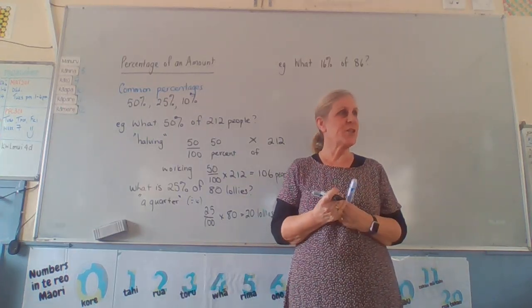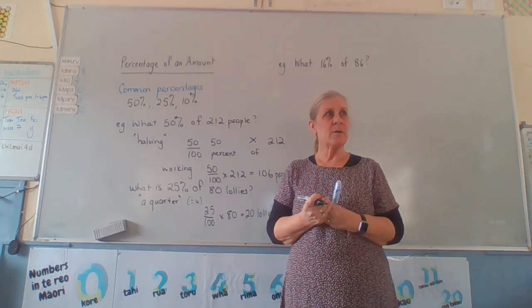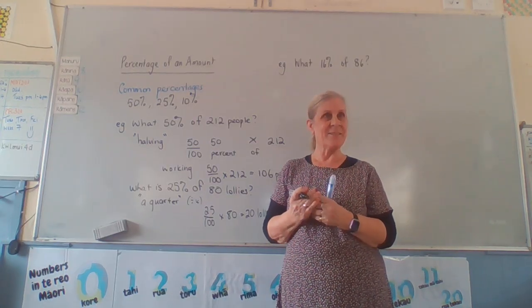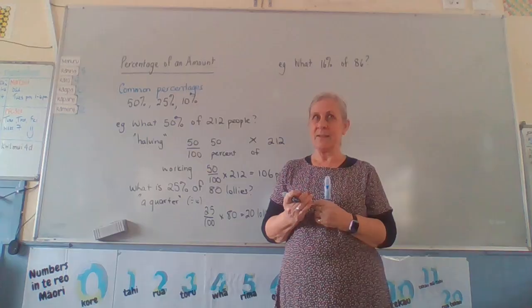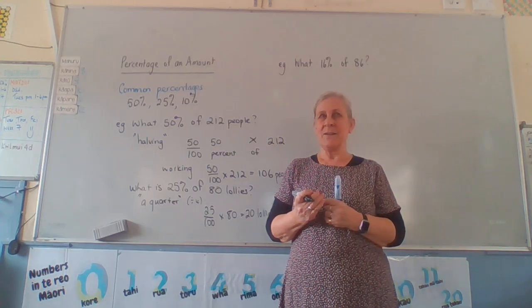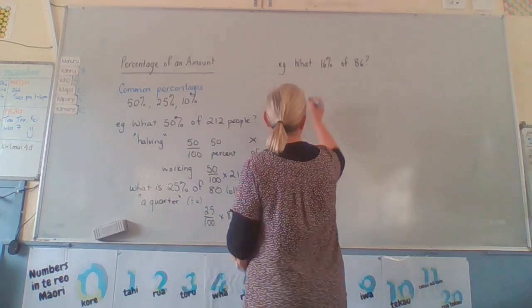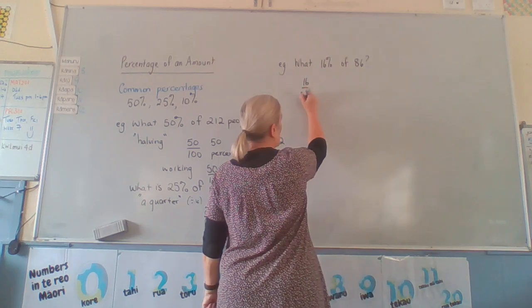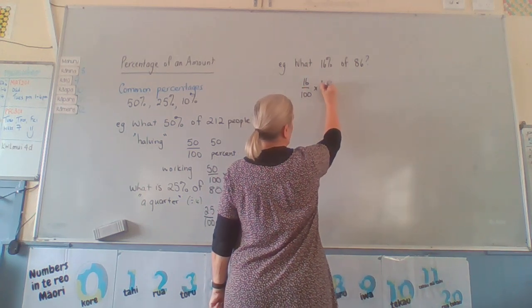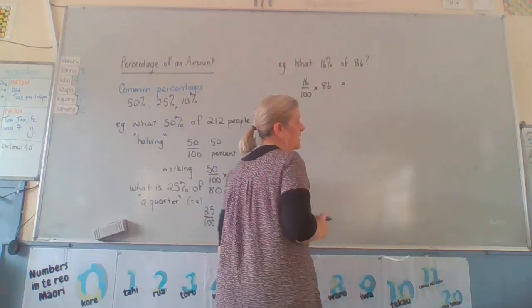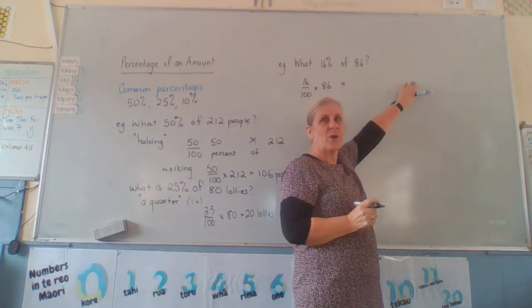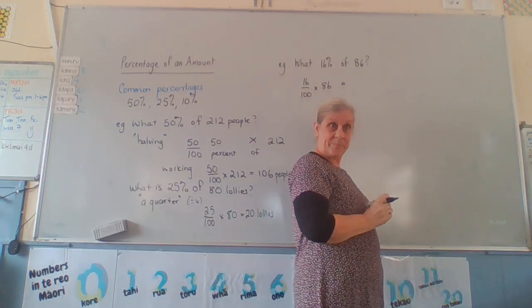What strategy could we use? 16 divided by 100 times 86. That is going to be our working, but that's still not going to be easy to do without a calculator. That is what we're going to write. Over here, we're going to work it out. How are we going to do that?